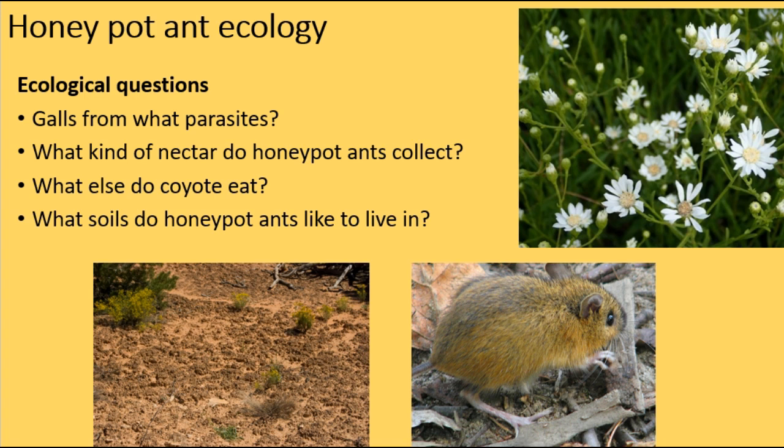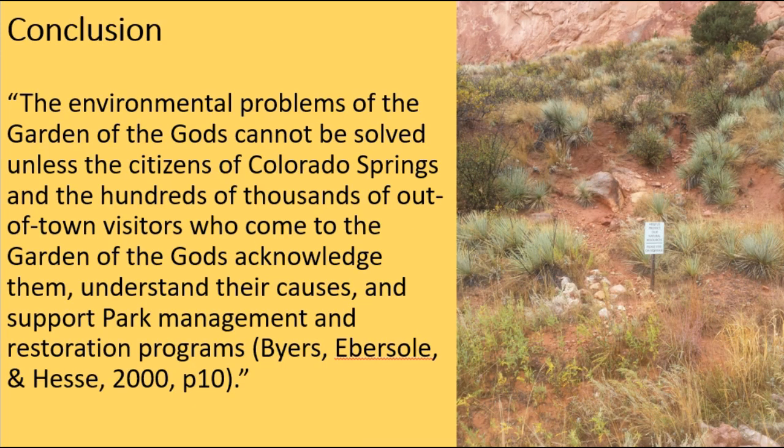So when we're thinking about ecology and our role as ecological monitors in the Garden of the Gods and elsewhere, we want to think about all of these questions. We want to have our critical thinking caps on. Why are we seeing what we're seeing on the landscape, and what kinds of disturbances might have caused this system to get out of whack?